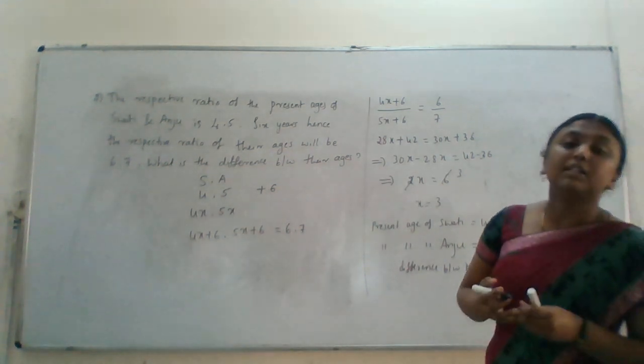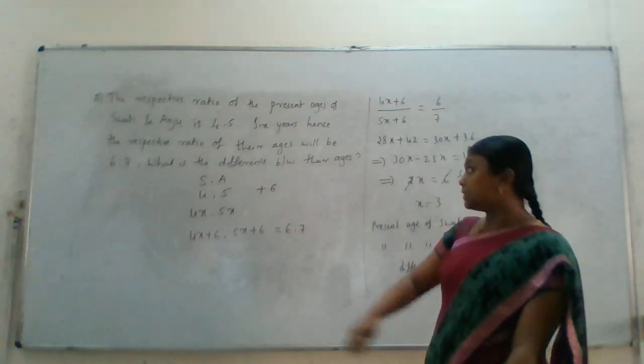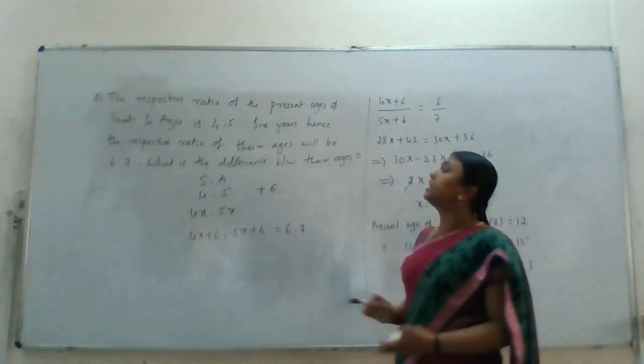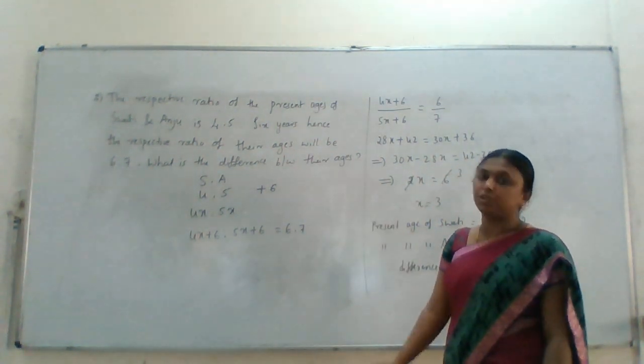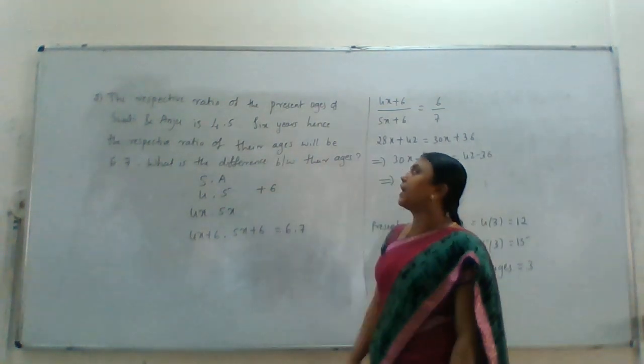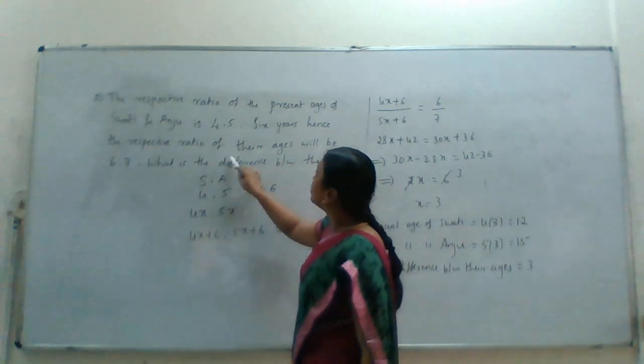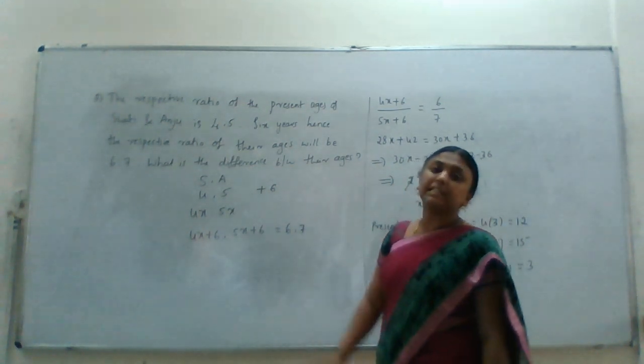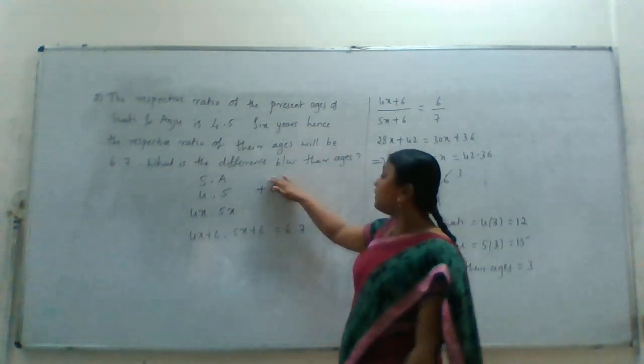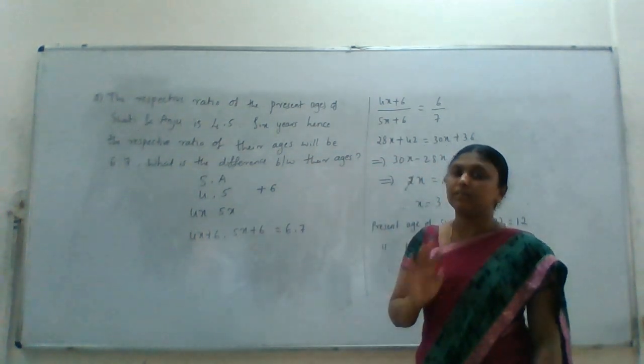Okay, so I will repeat this once again. Here the respective ratio of the present ages of Swati and Anju is 4 is to 5. 6 years hence, after 6 years, the respective ratio of their ages will be 6 is to 7. What is the difference between their ages? That is your question.